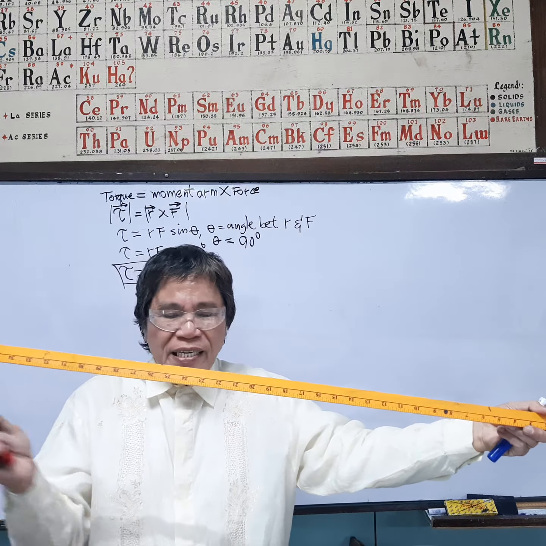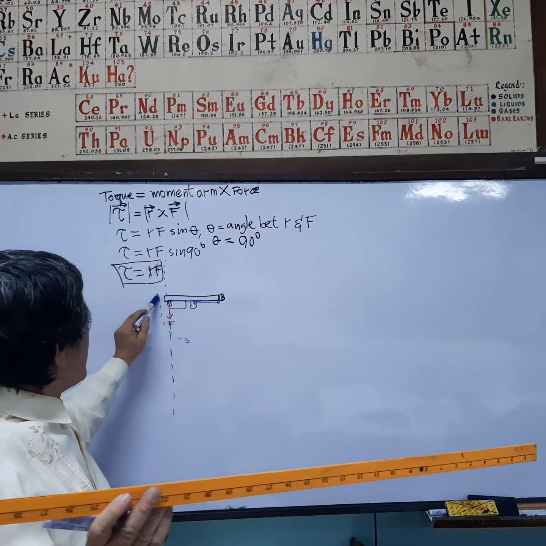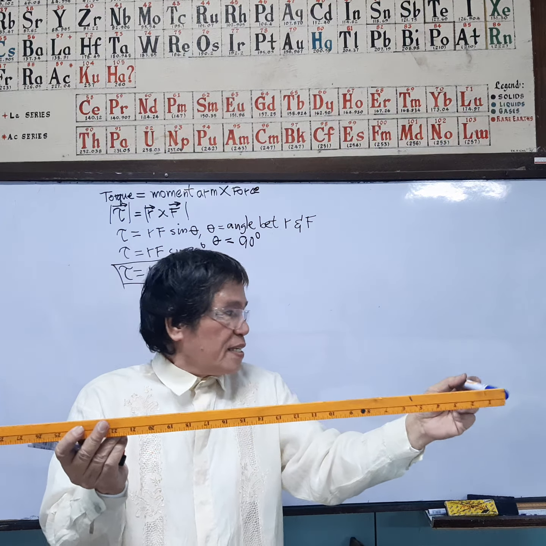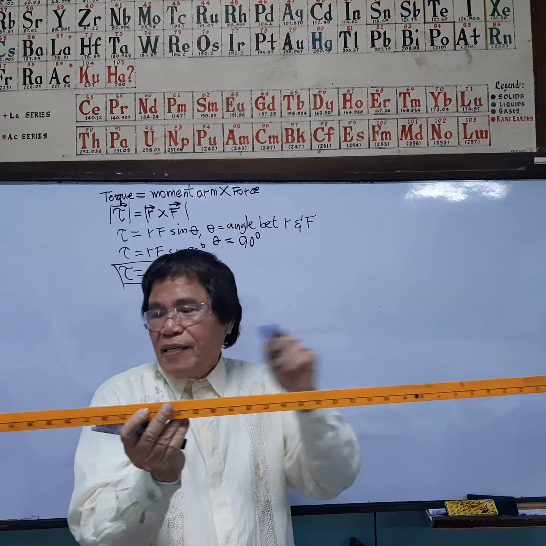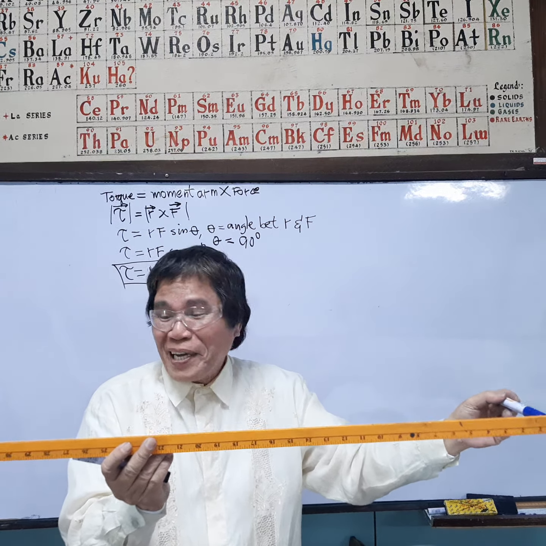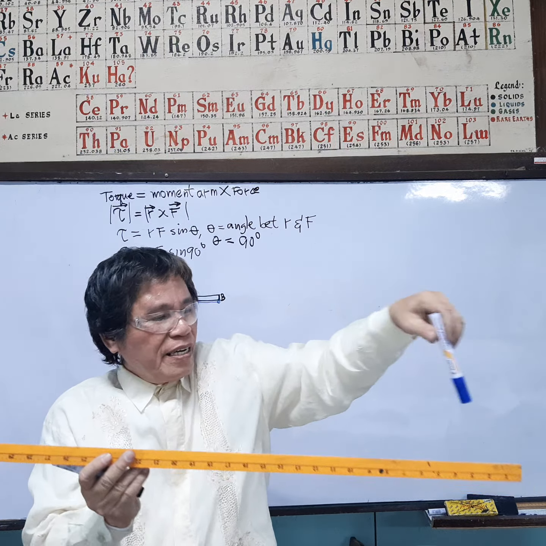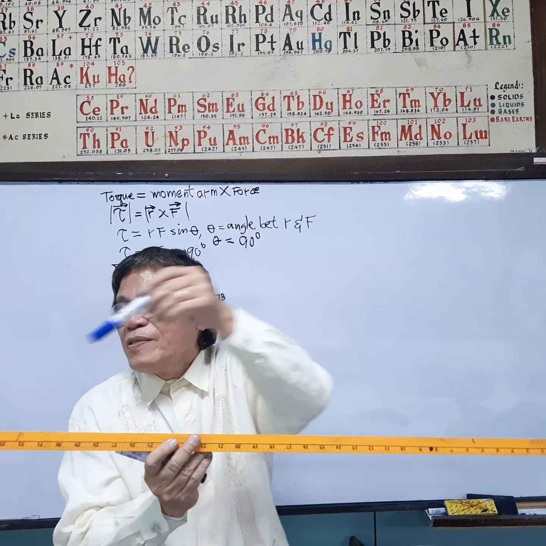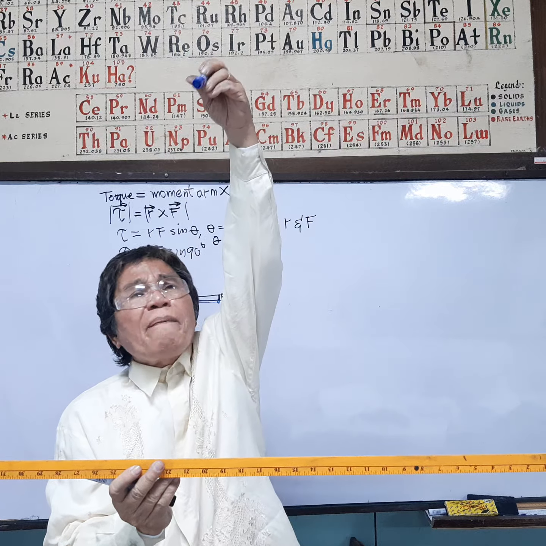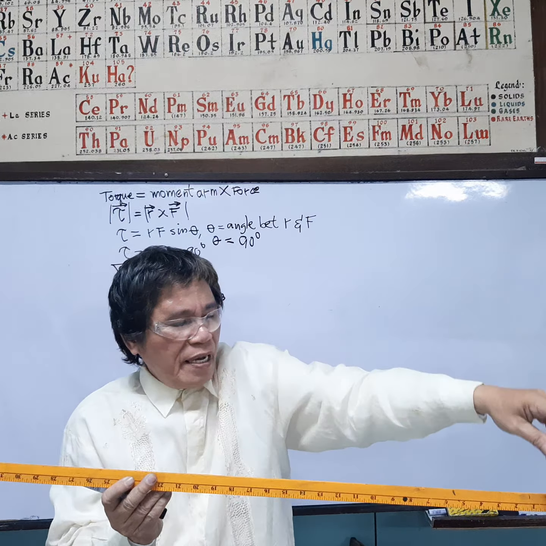This is end A, and this is end B. The doorknob is here, the hinges are here. Top view, looking at the top, we see the doorknob and we see the hinges.